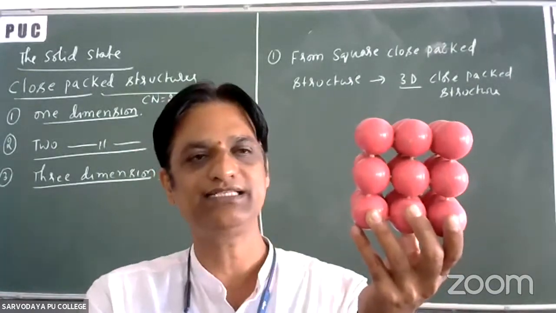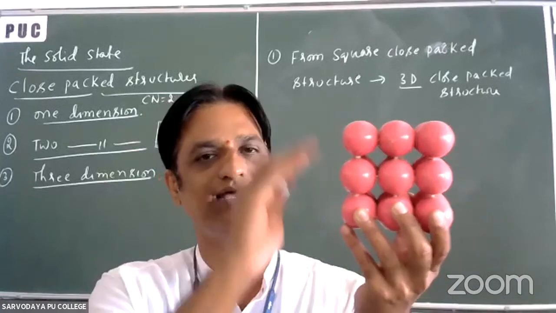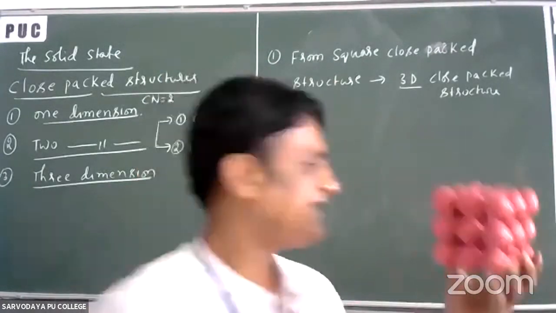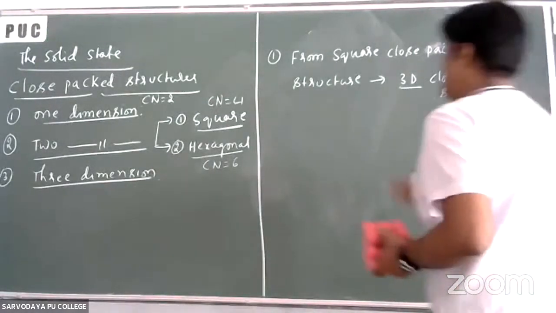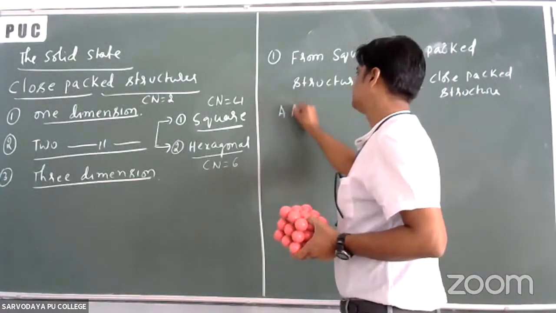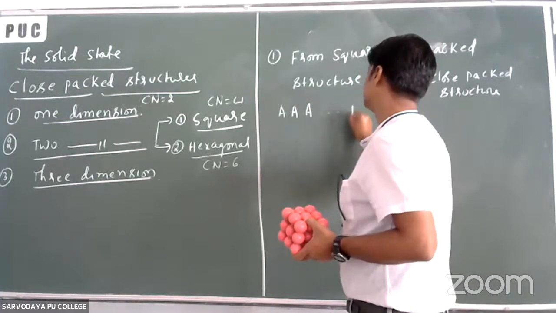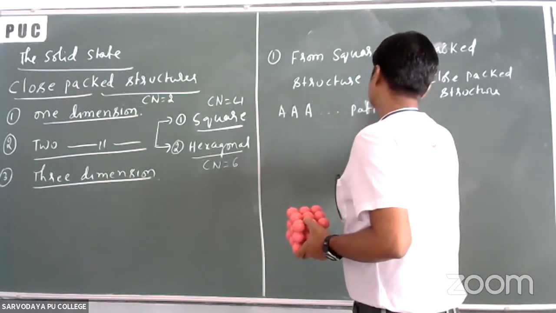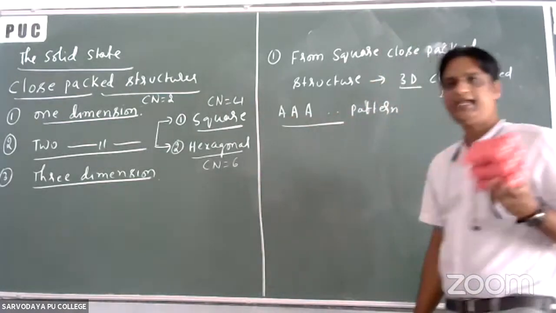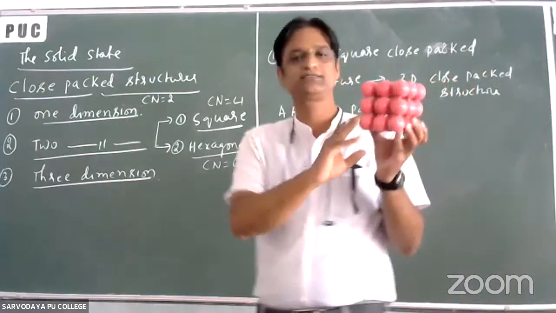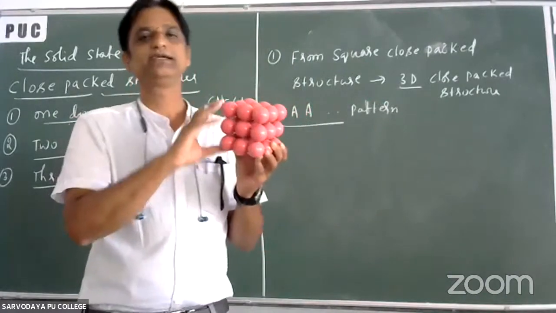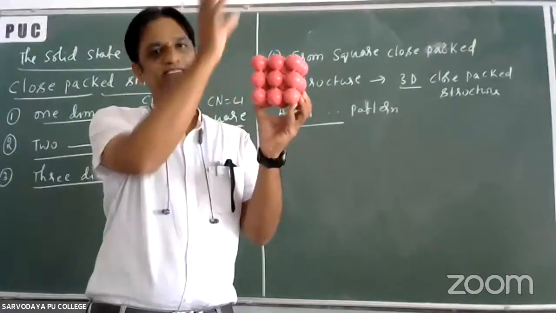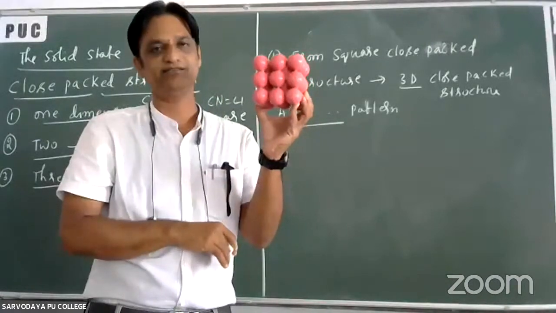Here you can see the arrangement of spheres in different layers is the same. That's why the pattern which is obtained can be called an AAA pattern, because in layer A, layer B, layer C and so on, the arrangement of spheres is the same, it is not different.